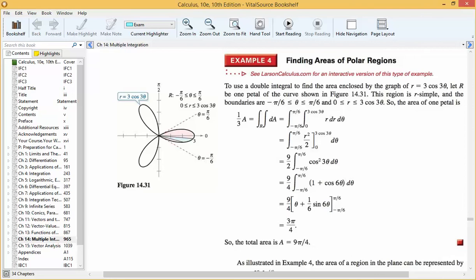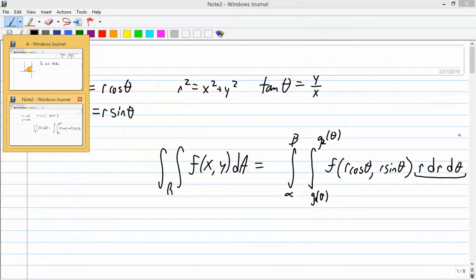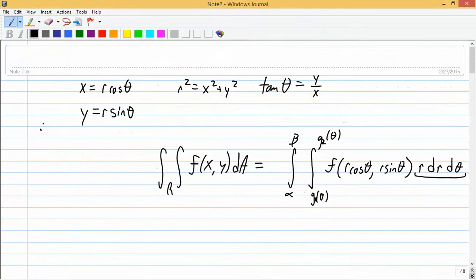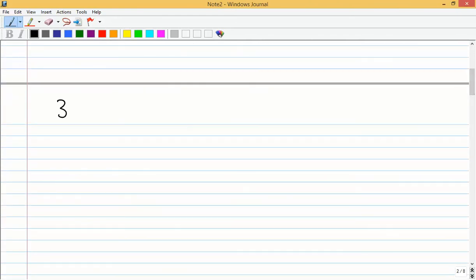So let me show you that. Assuming that you can set up this first part, let's see what we have to do to get these boundaries. So if I take this 3 cosine 3 theta, I'm trying to figure out those radial lines.